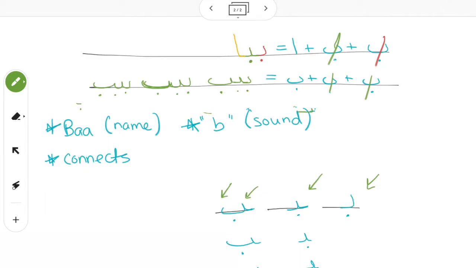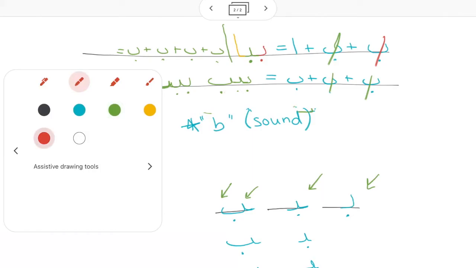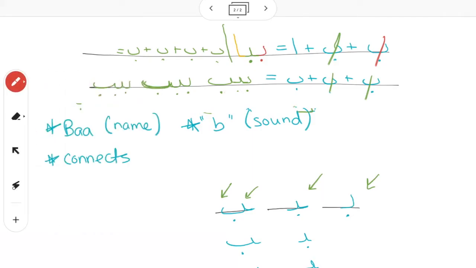Okay, let's make it a little bit harder. Let's do, put a line here, a ba plus a ba plus a ba plus a ba. So what would it look like if you had 4 ba's connected to each other? Again, this isn't a word, it's just practice for writing. So you would have the first ba, initial position.